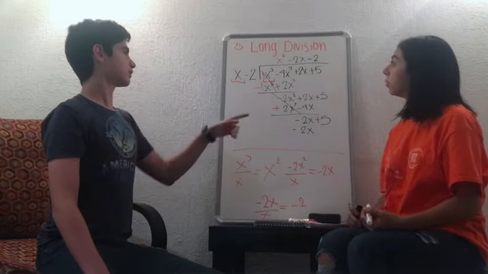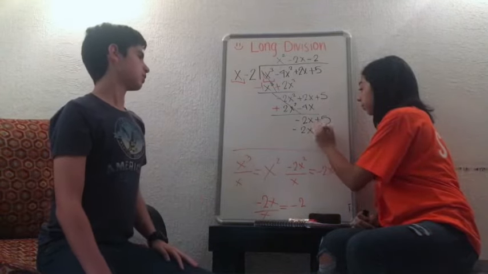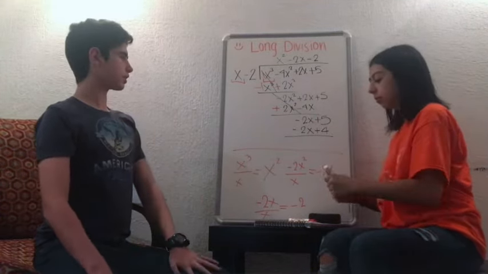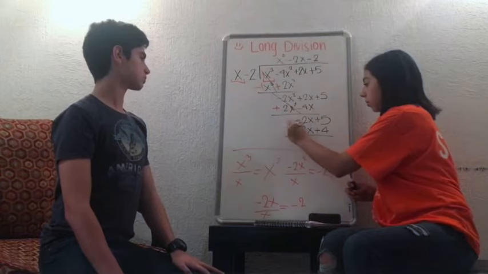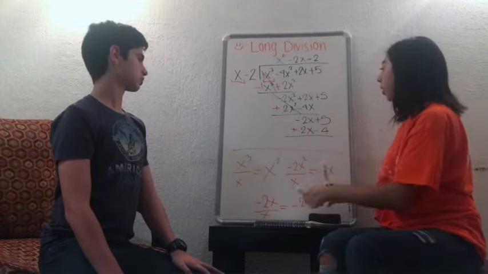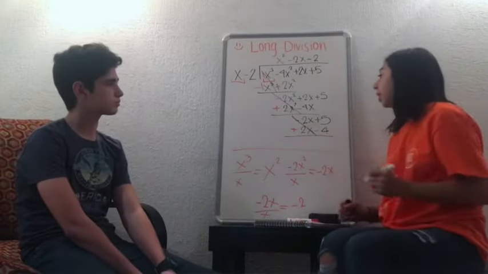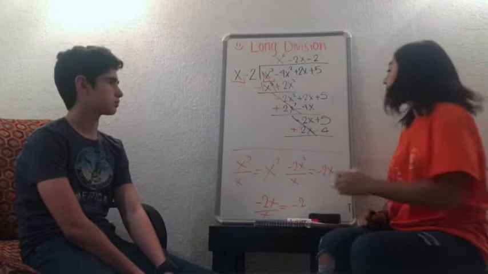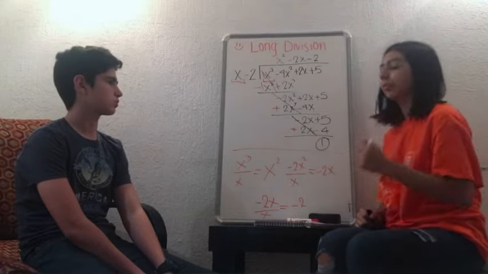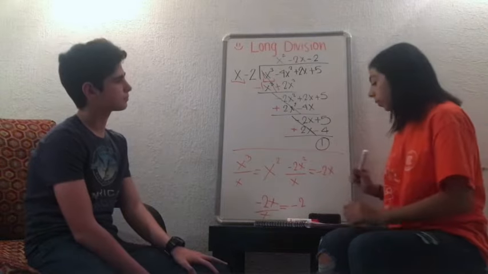And the negative 2 times the negative 2, that gives us positive 4. And we're going to change the sign again, so it gives positive 2x minus 4. Then the negative 2x plus 2x cancels itself out. And positive 5 minus 4, 1. That would be our remainder of the final answer. The 1 would be our remainder.